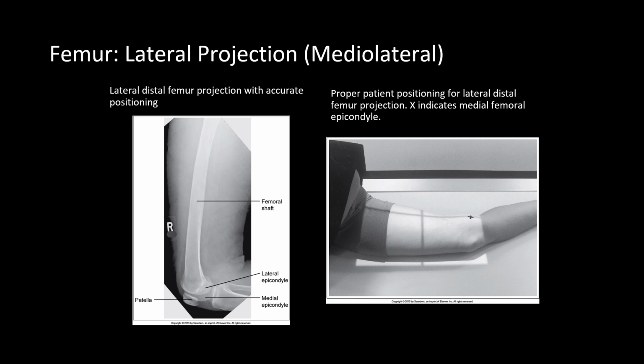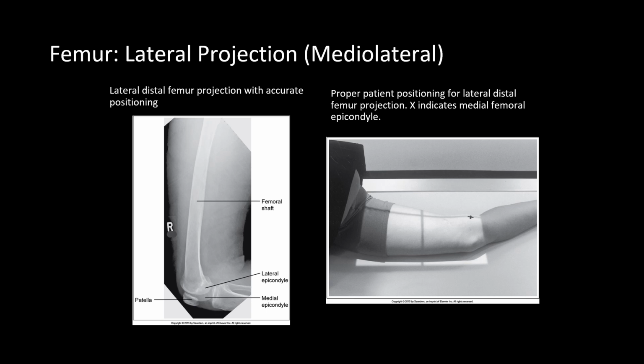Now let's talk about radiographic image analysis guidelines for the distal femur. Guidelines state that the anterior and posterior margins of the medial and lateral femoral condyles should be aligned. The long axis of the femoral shaft is aligned with the long axis of the collimated field.